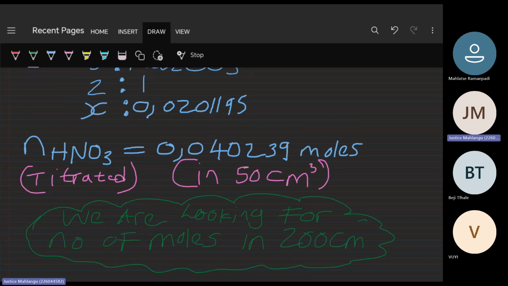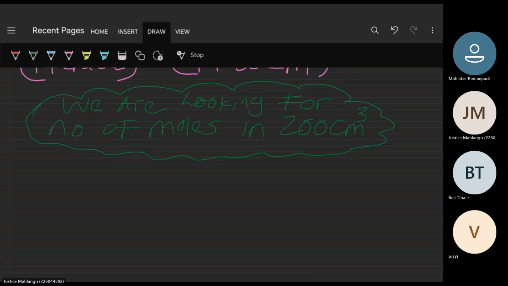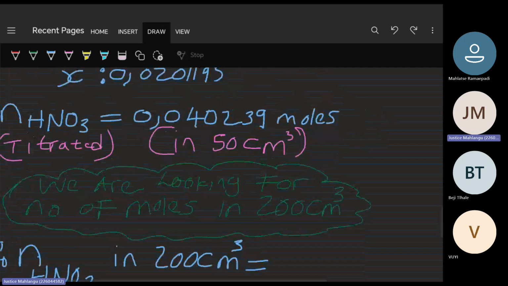So what I'm going to do here, I'm going to say 200 divided by 50. So the number of moles of that HNO3 acid in 200 cubic centimeter is equal to 200 divided by 50.